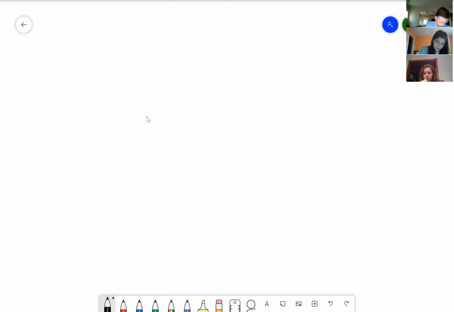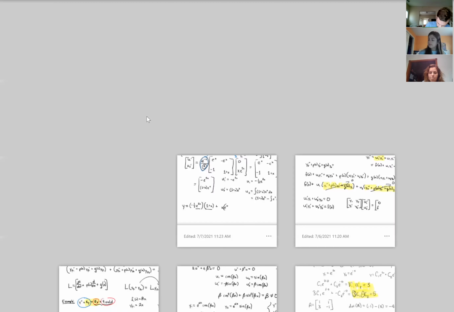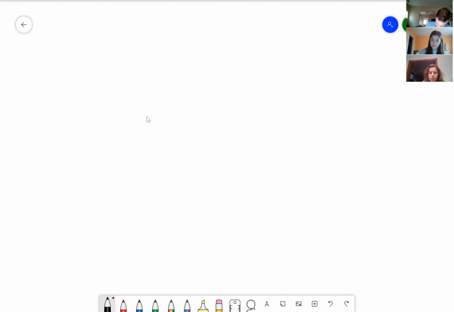The Laplace transform is a particular example of something that we call an integral transform.